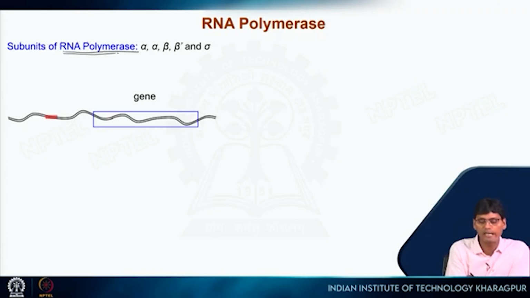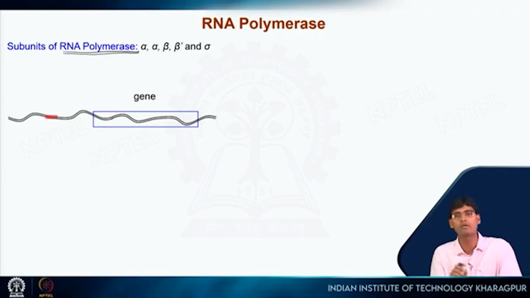Now I would like to discuss RNA polymerase a little more. RNA polymerase is an enzyme, but it is a little more complex, meaning it has multiple subunits. Subunits means multiple polypeptides that can be together and function together.